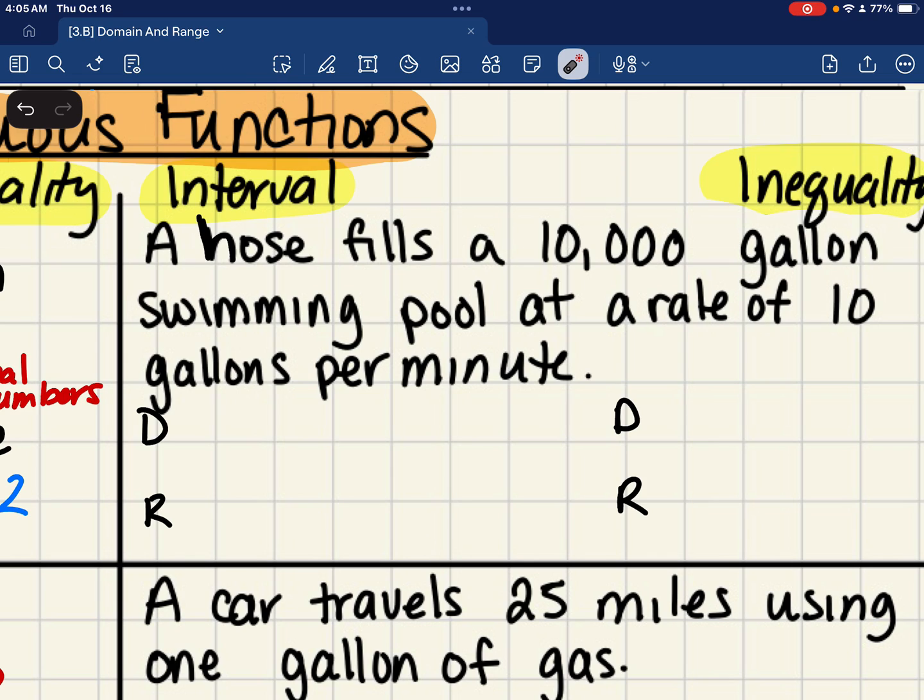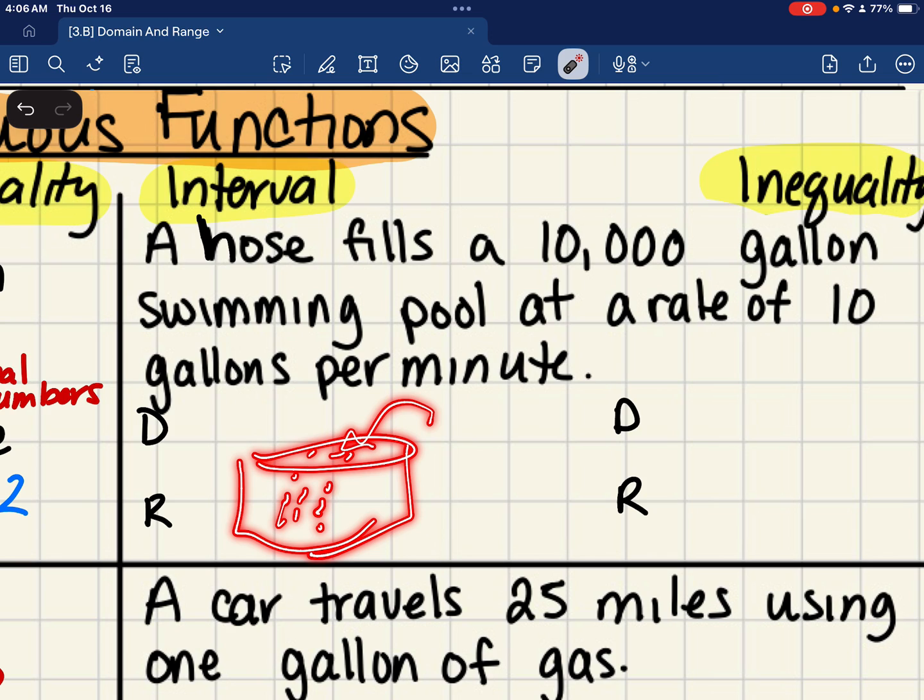So I need to think about, when you're filling a swimming pool, here's your little hose pouring in water. Does the number of gallons that pass determine what time of the day it is?